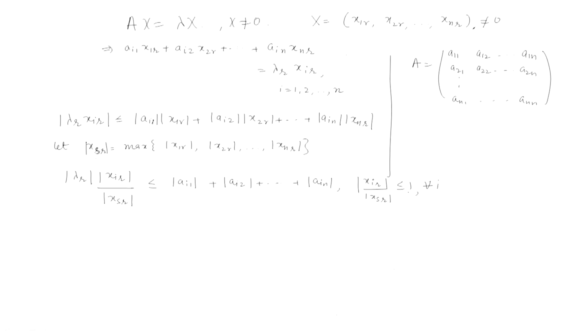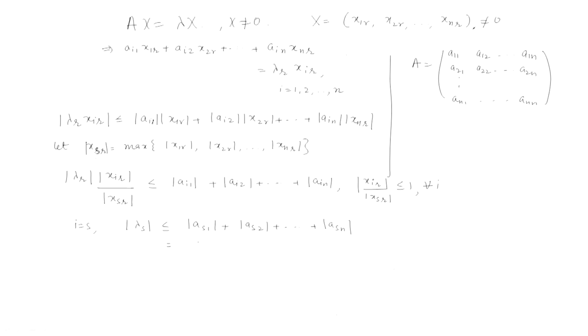So, we get this inequality. Now, this is valid for every i, so it is valid for i equal to s also. So, for i equal to s, we obtain mod of lambda minus ass is less than or equal to mod of as1 plus mod of as2 plus and so on mod of asn.